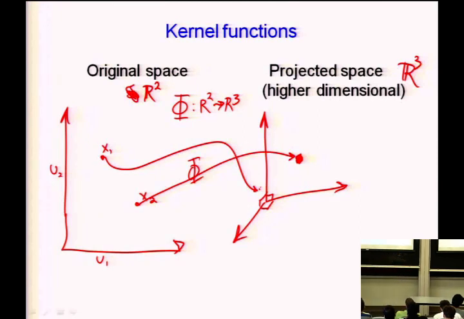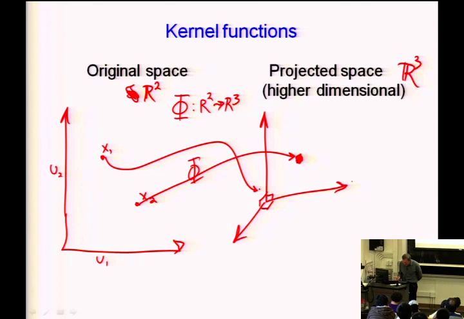Then what the kernel function does is it lets me ask about, I'm going to call this one phi of x2, and this one is phi of x1.